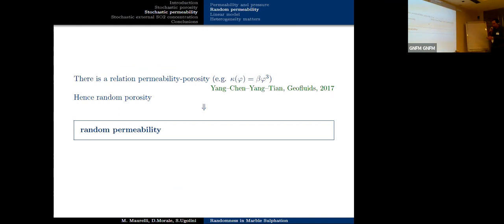In this paper, we got the relation between porosity and permeability, this is the intrinsic permeability. So I'm not sure it's exactly the same object that we had before. But the main point is that if you expect to have random porosity, then I guess you should expect also to have random permeability.